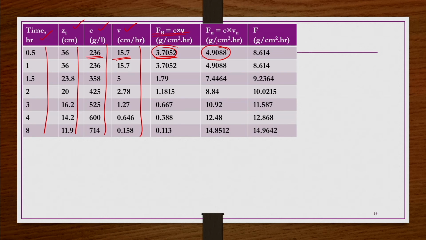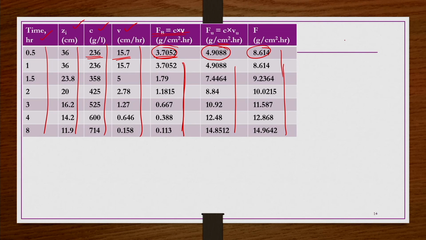You should be careful about these units, because the unit for concentration is given in gram per liter and flux is in gram per centimeter square per hour. So the total flux would be the addition of these two. Like that, for other time values also you calculate the batch flux, underflow flux and then total flux. So the total solid flux you can get.